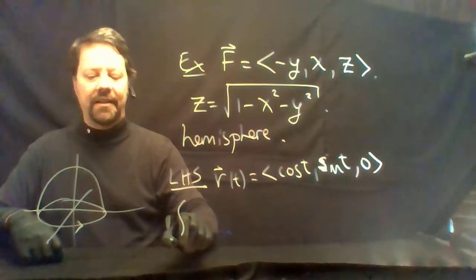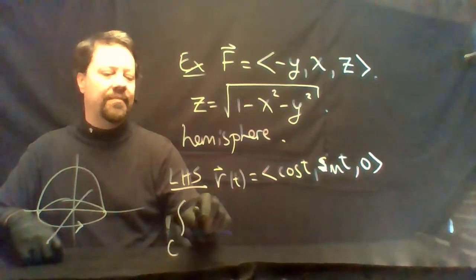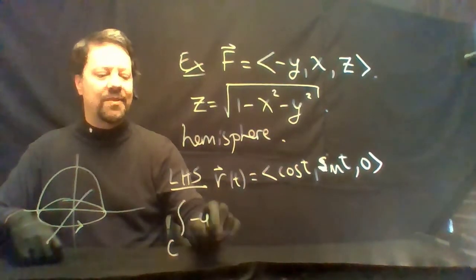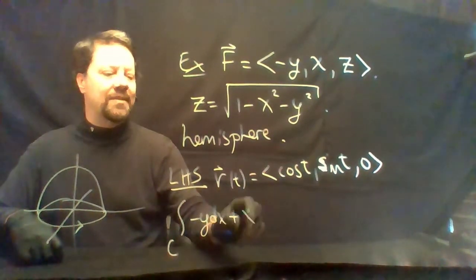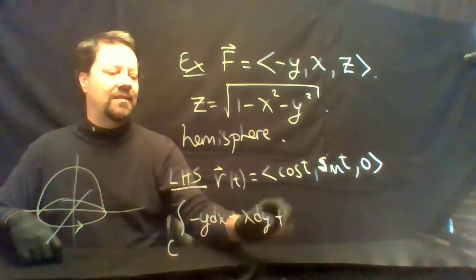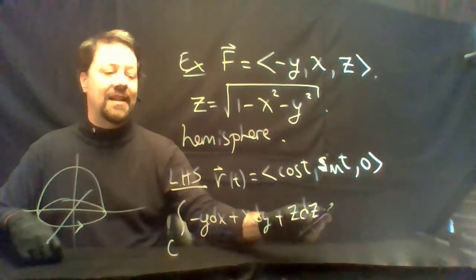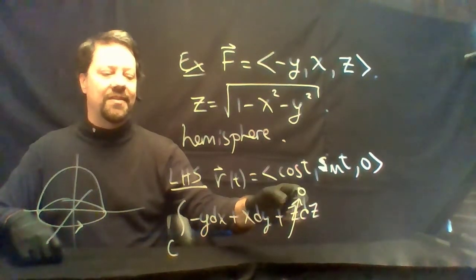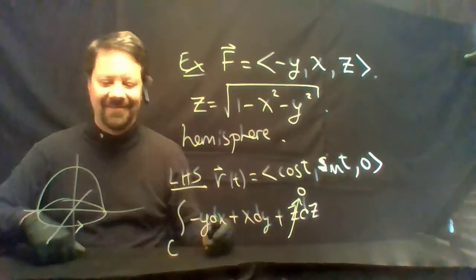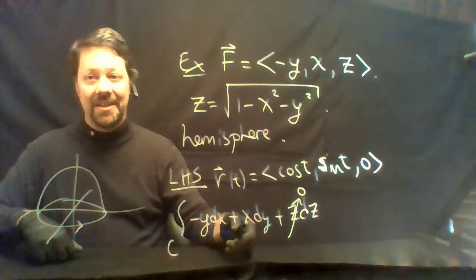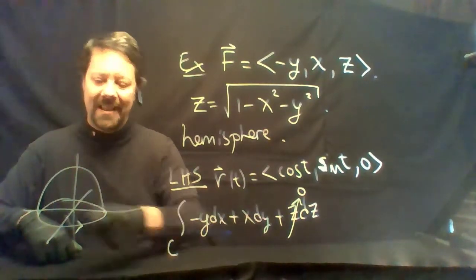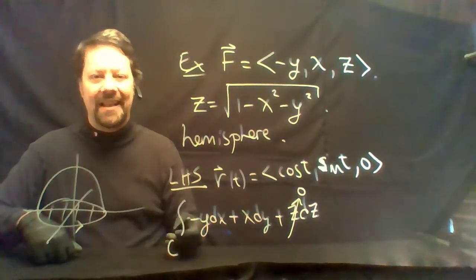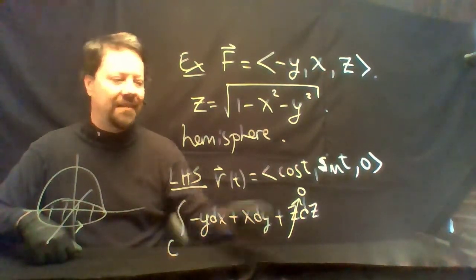So if I'm integrating on that boundary curve, f dot dr, I'll be integrating minus y dx plus x dy plus z dz. On this curve, z is 0. You might deduce that what's left is twice the area inside of that circle in the xy plane. The answer should be 2 pi.